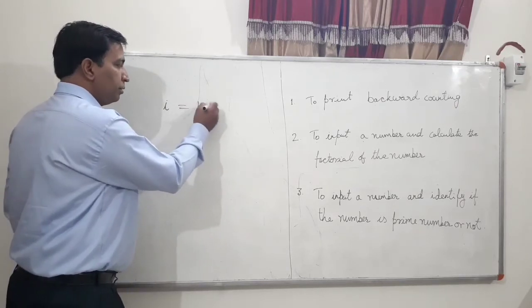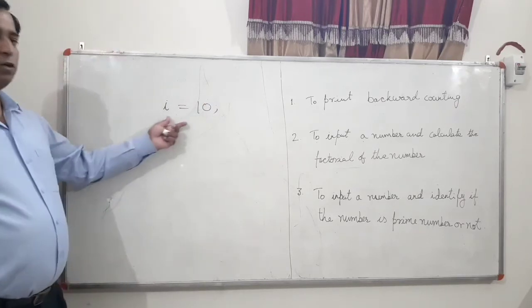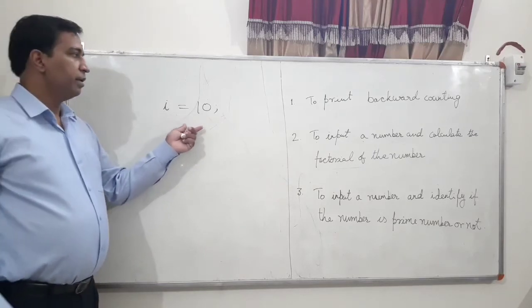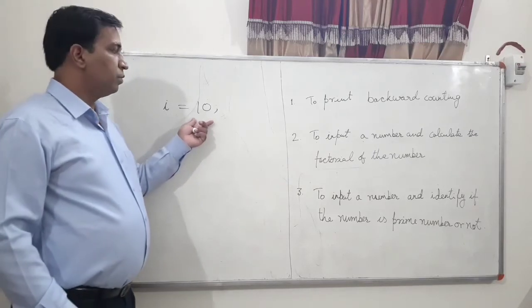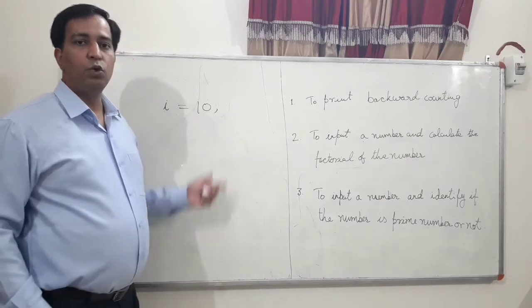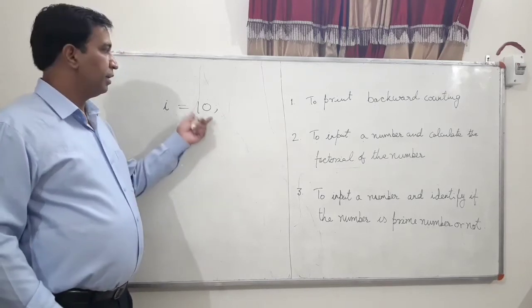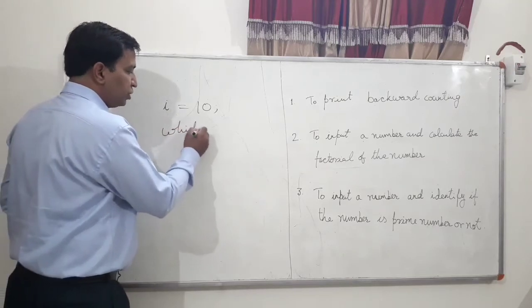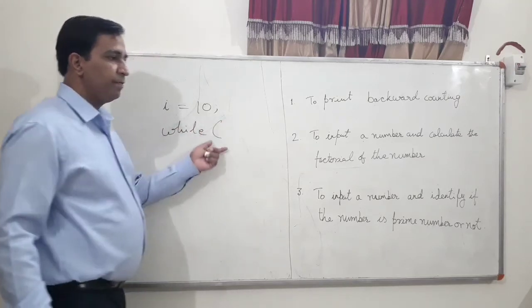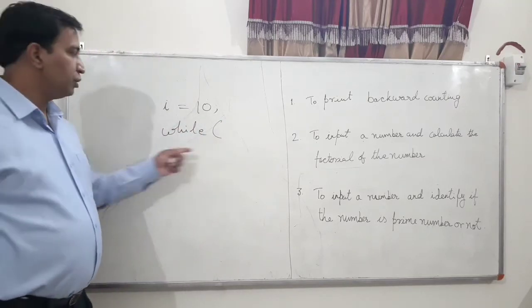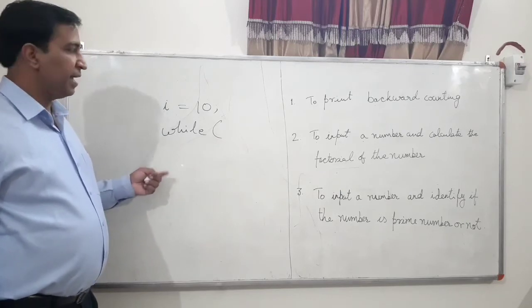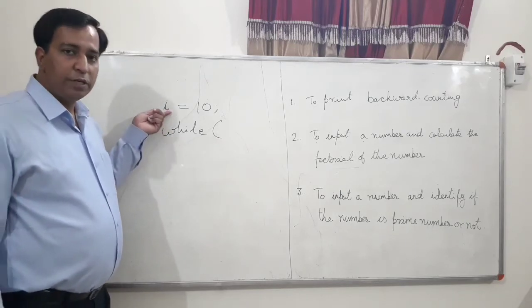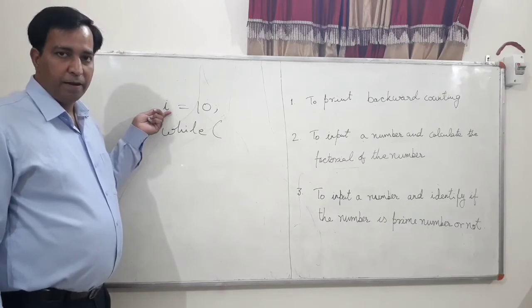So suppose i is equal to 10, right? Now we are going to print the counting 10 to 1, in reverse order. So the condition that we are going to give here, my intention is to run this loop as long as i's value is not below 1.